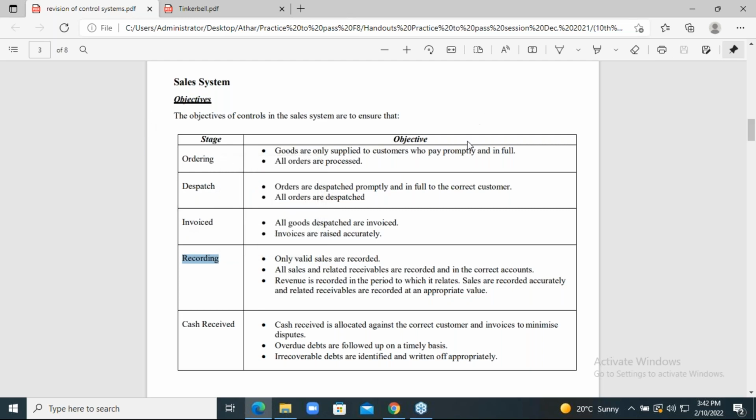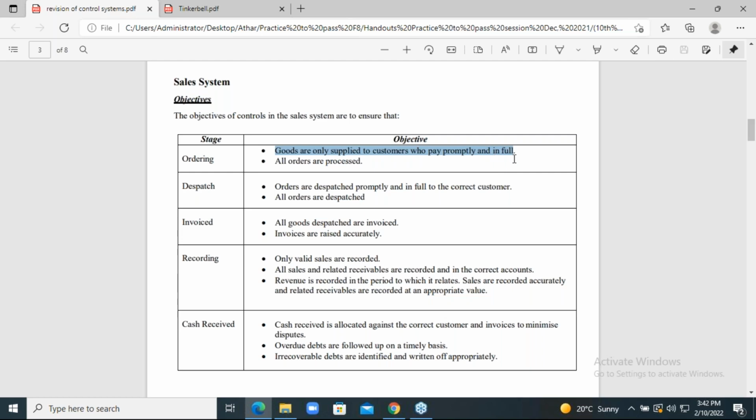Now, where are the risks? If you are reading this objective, that goods are only supplied to customers who pay promptly and in full, there is a risk hidden in it. So can you guys identify what the risk is? The objective is that goods should only be supplied to those customers who can pay promptly and in full.